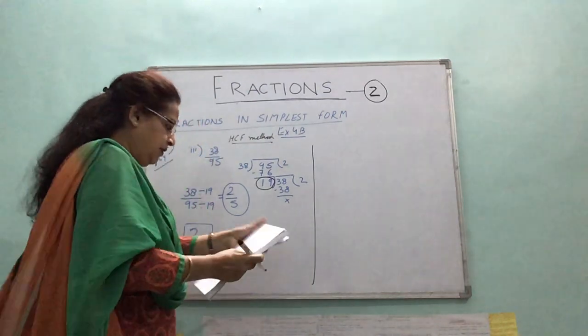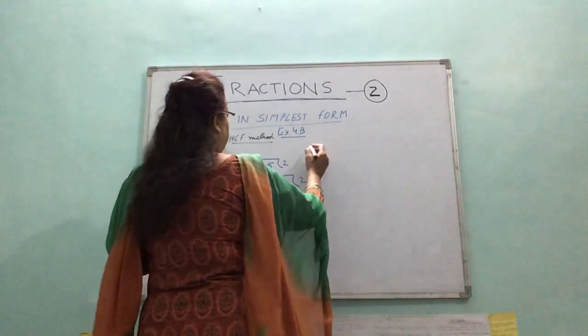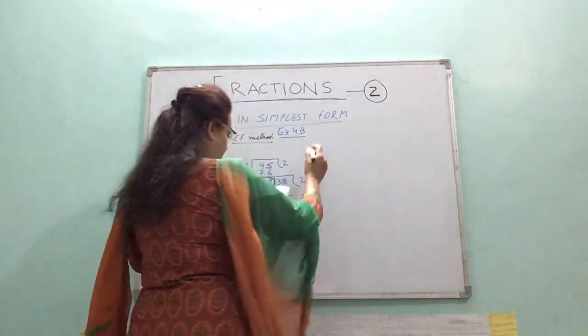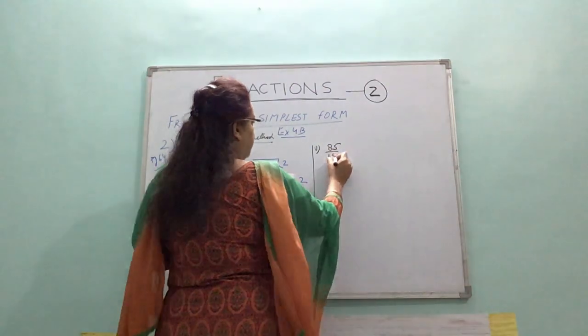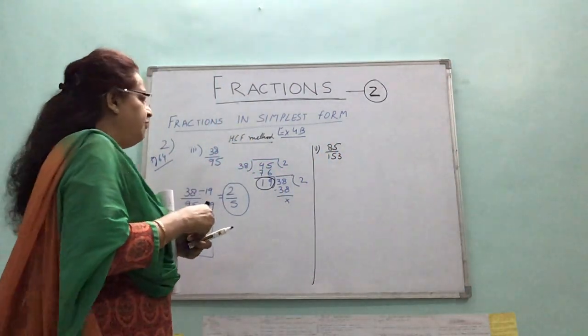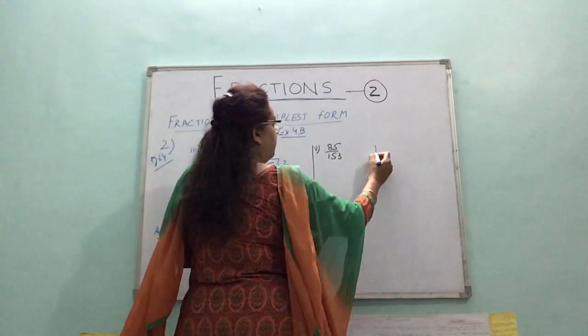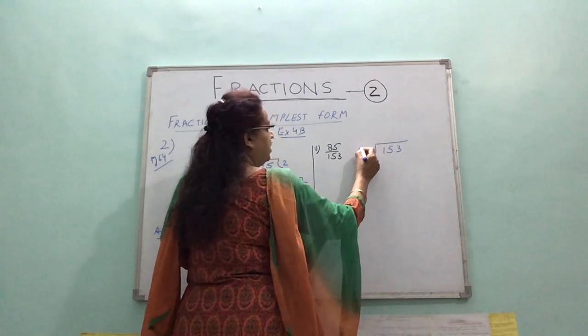I am taking one more question. Say fifth part, and it is 85 by 153. Again by the HCF method. 2 parts I am taking by the HCF method. So 153, and the divisor is 85.